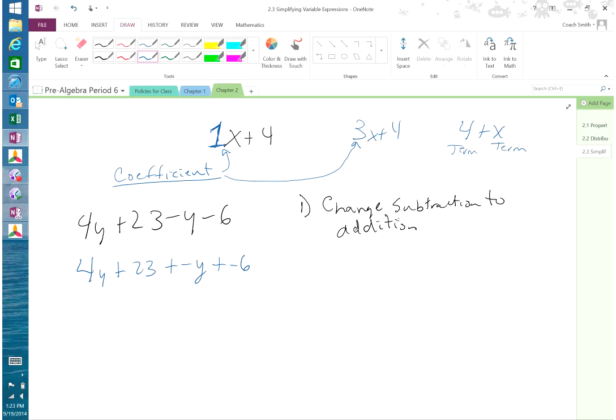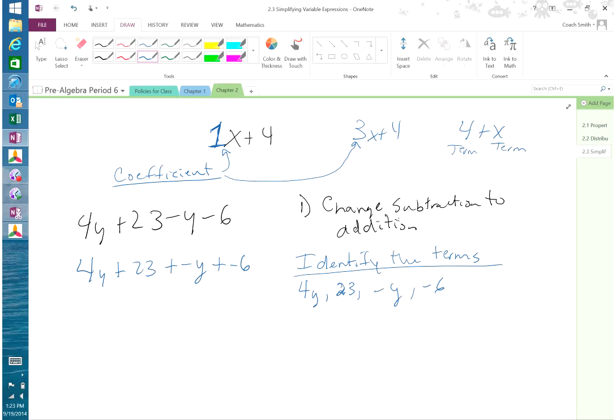Now they want us to identify all the terms in this expression. So the terms are 4y, 23, negative y, and negative 6. Those are the terms in this expression. That's why I wanted you to change all subtraction to addition, so we make sure we had negative y and negative 6.